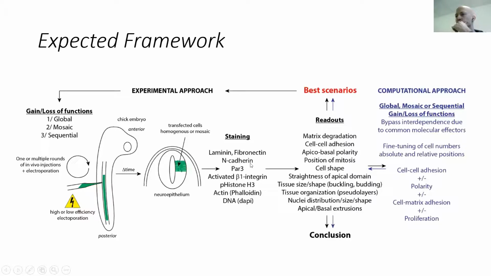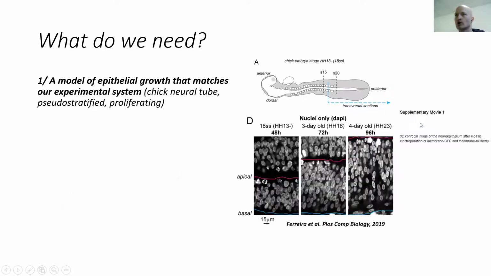Then analyze the tissue, perform different staining for the key factors in our tissue of interest, then analyze this and define what are the best scenarios. But to avoid having thousands of scenarios to test, we hope that the computational approach will help us refine this.